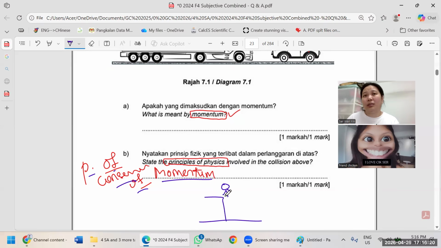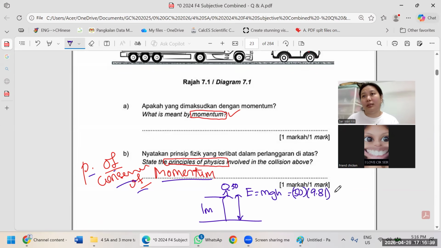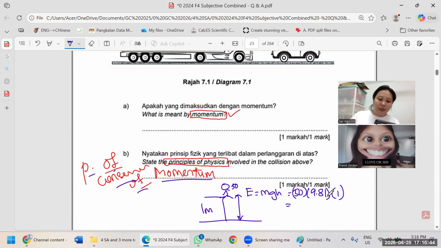Okay, like this one, this person from this height, maybe 1 meter height, he jumped down. So the principle of conservation of energy is like this. Here is mgh. Let's say it's 50 kg: 50 times 9.81 times height 1 meter, which is 490.5 joule.